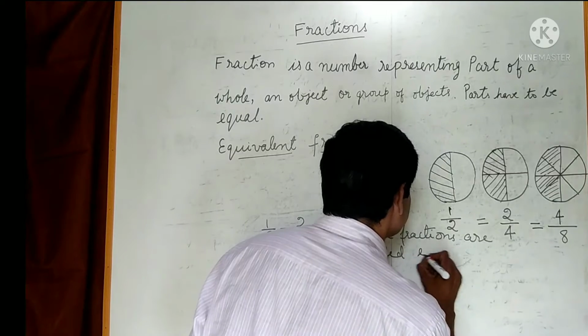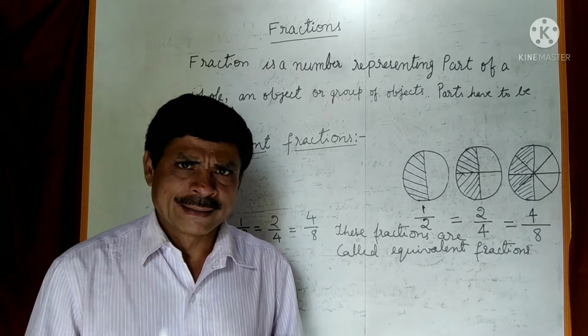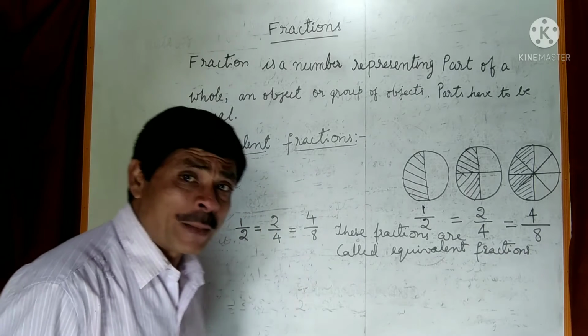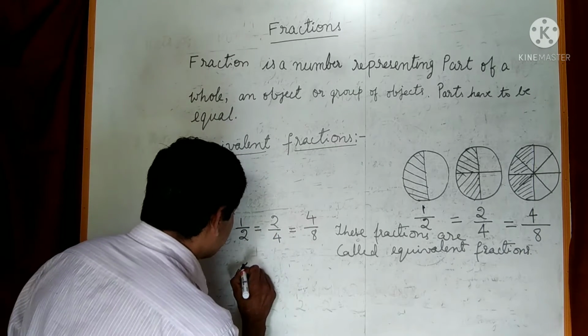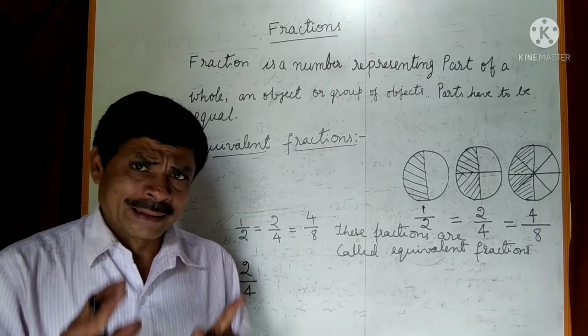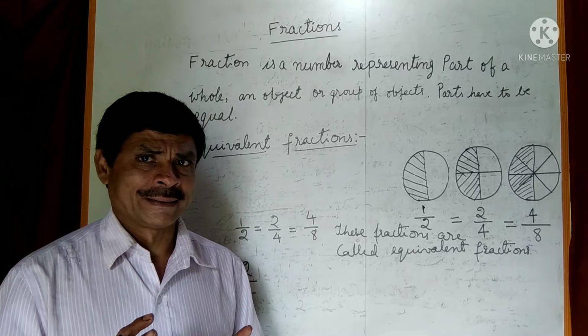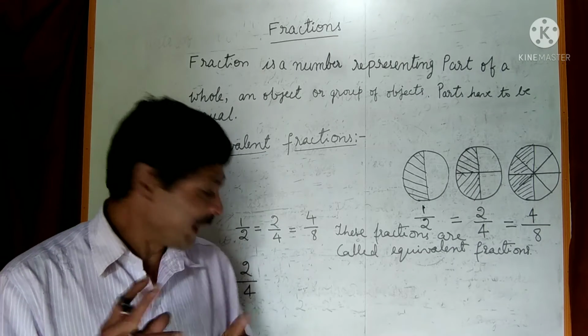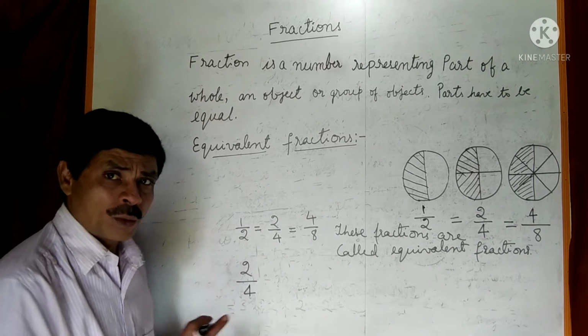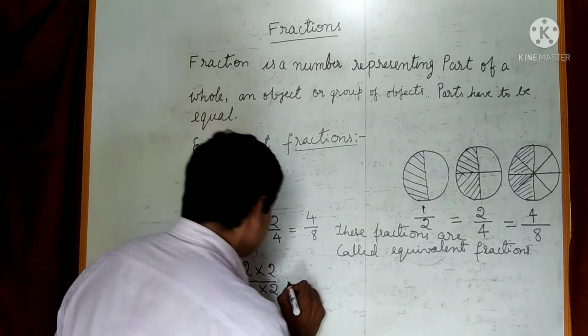equivalent fractions. To find the equivalent fraction of any fraction, we have to multiply numerator and denominator by the same number other than 0. Okay? Now we will find the equivalent fraction of 2 divided by 4.